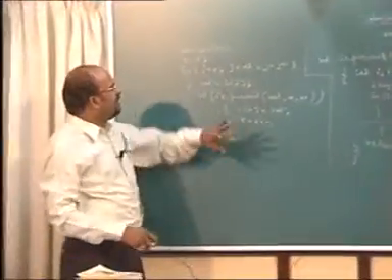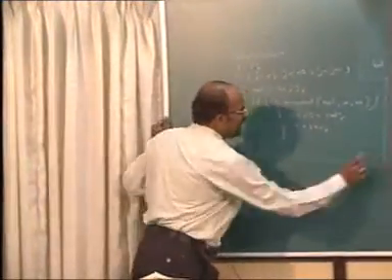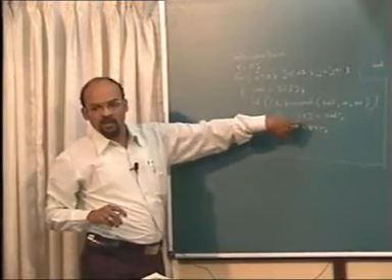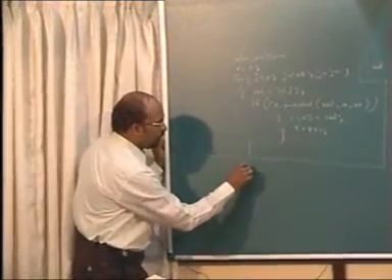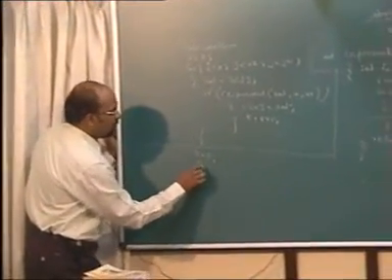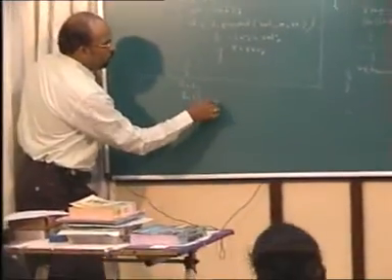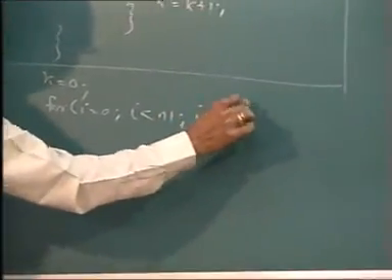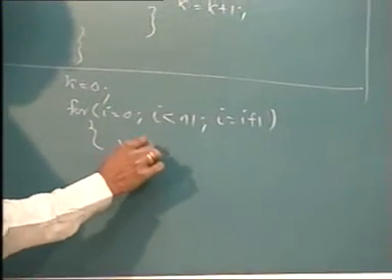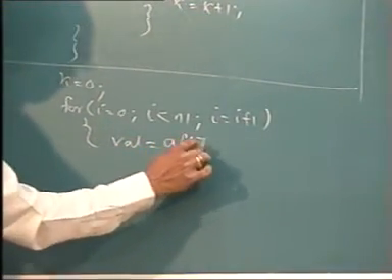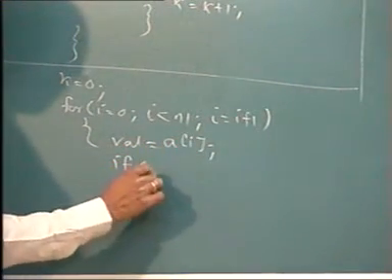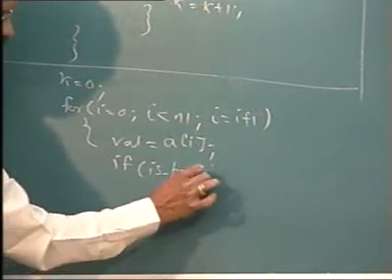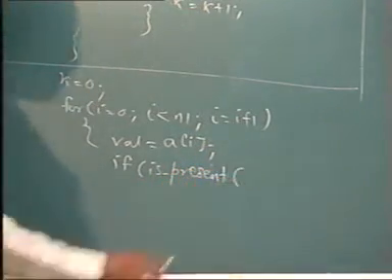Okay, I can very well reverse the logic and say that I was checking every element in B whether it is present in A. You can go for writing it as every element in A: for I equal to 0, I less than n1, I equal to I plus 1, val is equal to A of I. If it is present, which one?